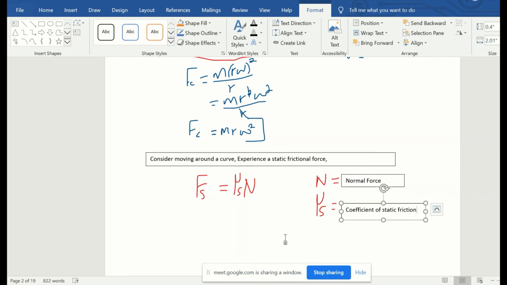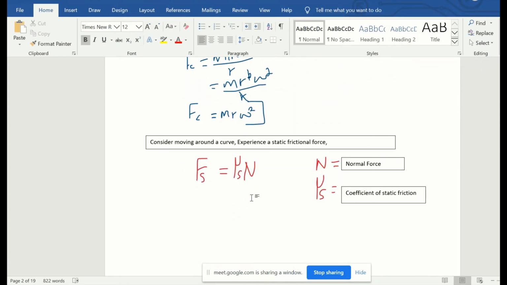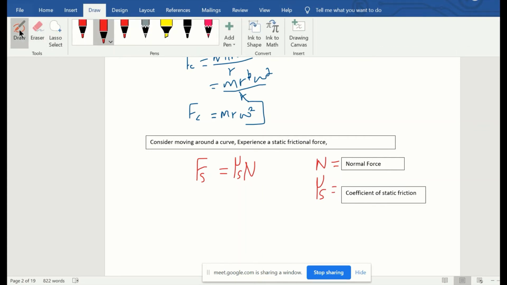Now, if you recall in our previous classes, we can break this equation further. Please note that we can also use this equation when solving questions that relate to uniform motion. My N is the weight of the object.